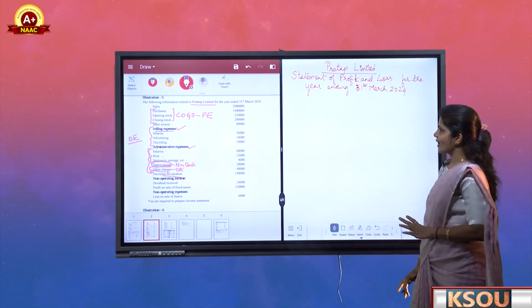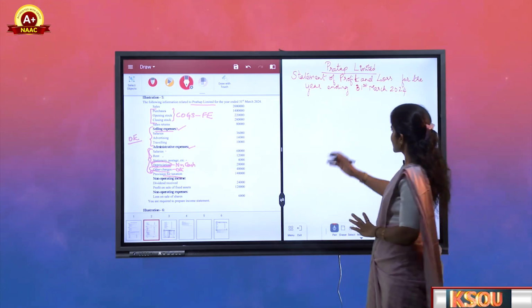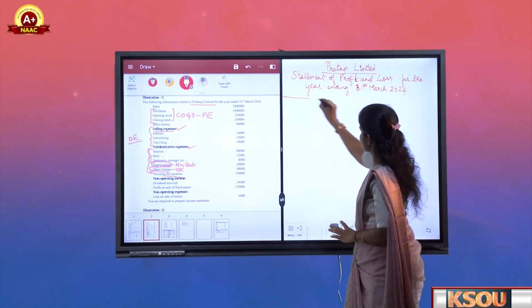Okay. So this is the heading we have to write before going for the format.